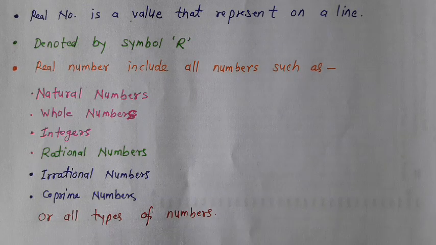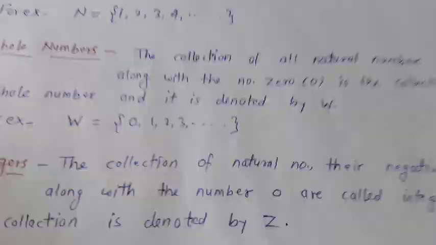So one by one, let's know what is a natural number, what is a whole number, what is an integer, with the definitions and some examples.